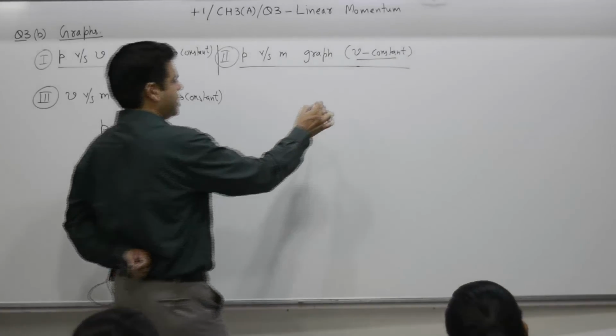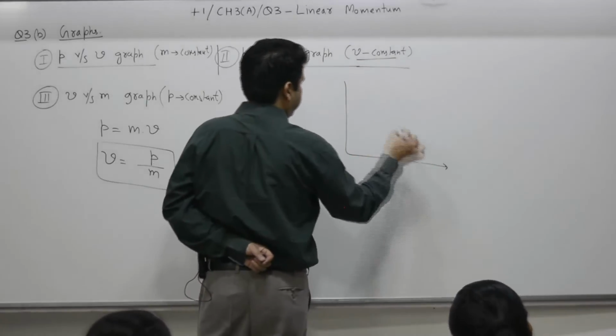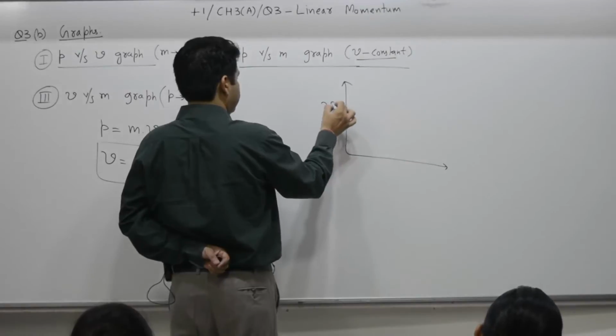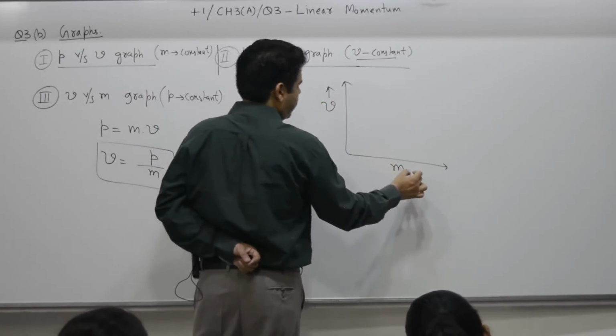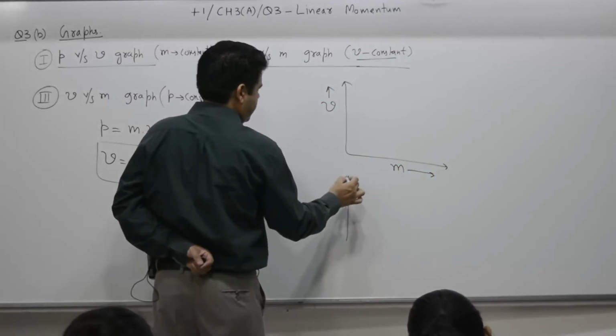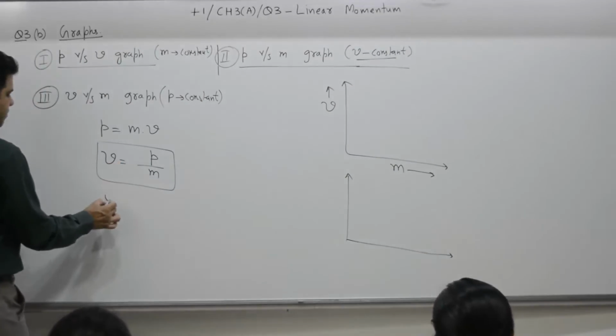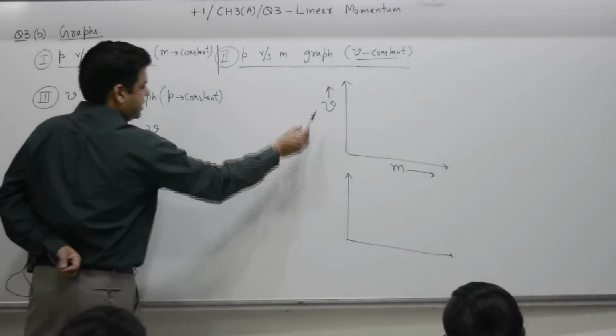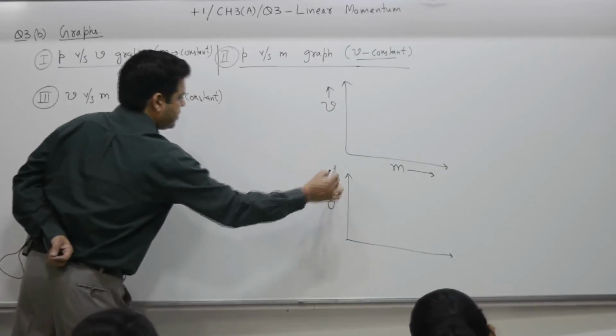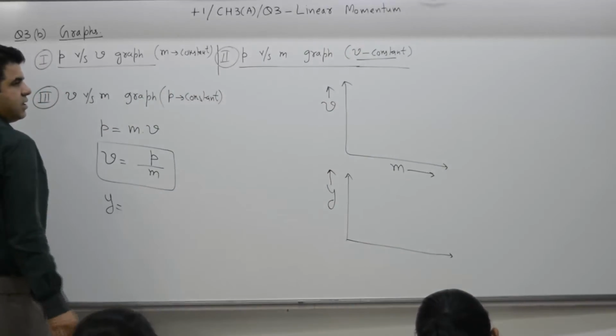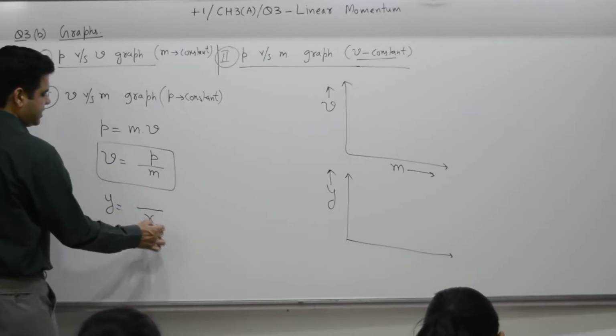When you have to plot this graph, V as a function of m, you will write V as what? Y. V is along the y-axis. M is along the x-axis.